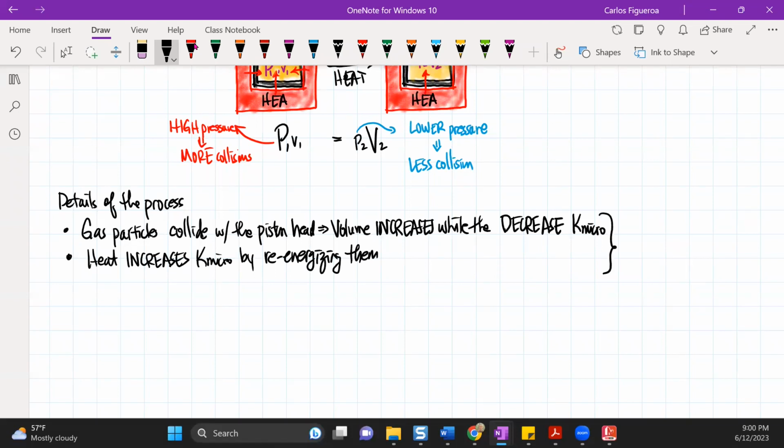So what you're seeing, as you saw with the isobaric process, is a balance between the decrease, which is the decrease in K micro because they collide with the piston head, and then an increase because there's a continuous heat flow so that K micro stays the same to keep the temperature constant.